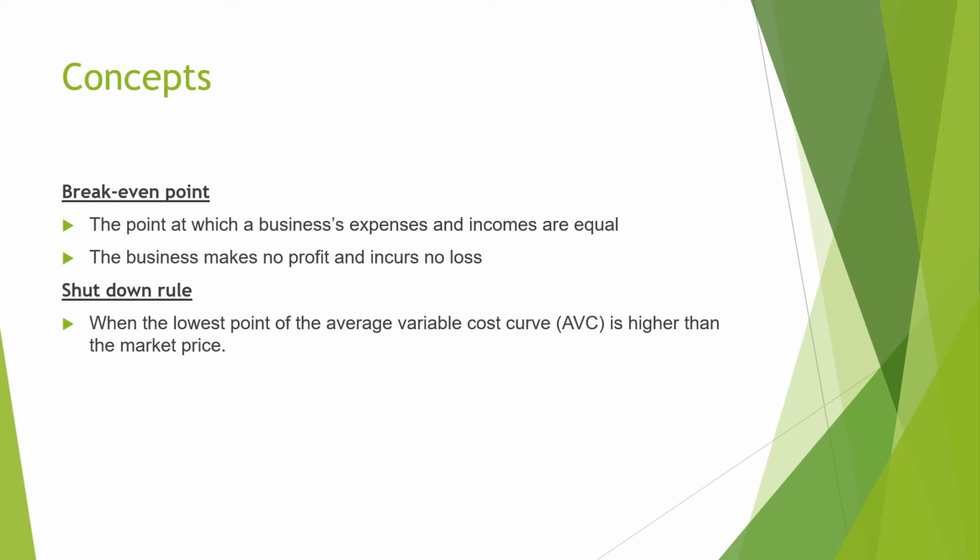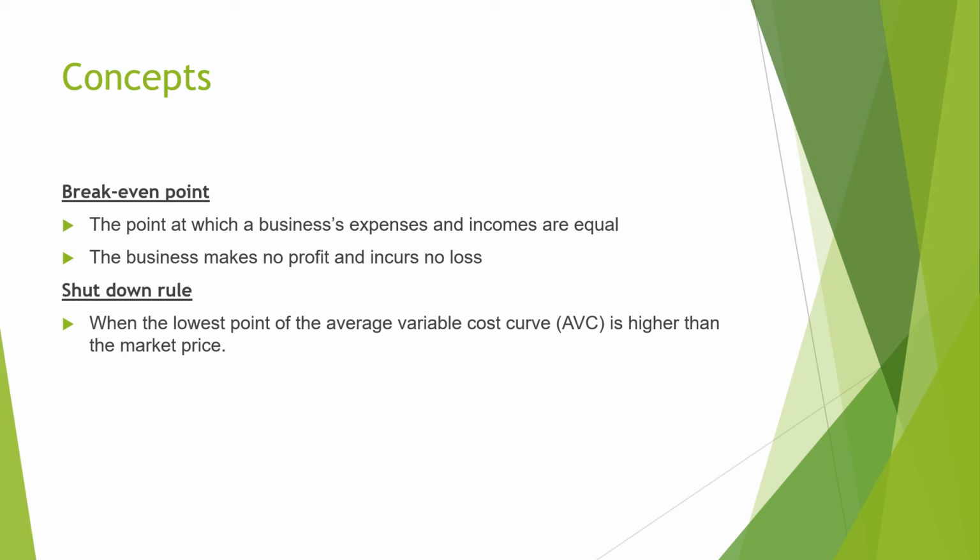Then we also have a situation whereby we must shut down the firm if perhaps your business is not doing so well. But how do we tell whether this is the point where we should shut down the business? The shutdown rule is when the lowest point of the average variable cost curve is higher than the market price.